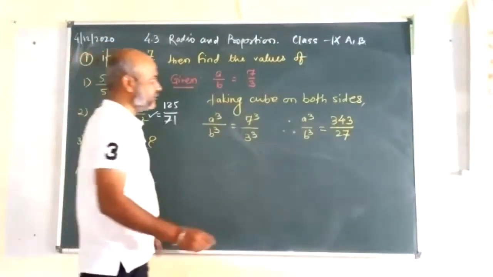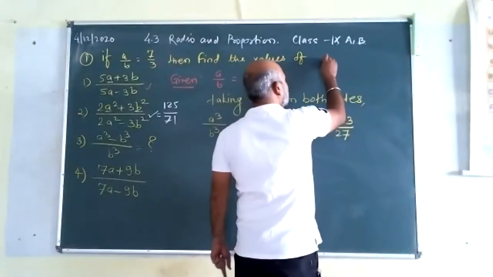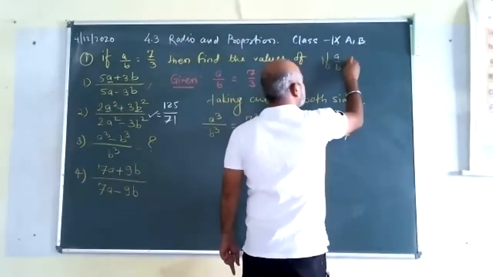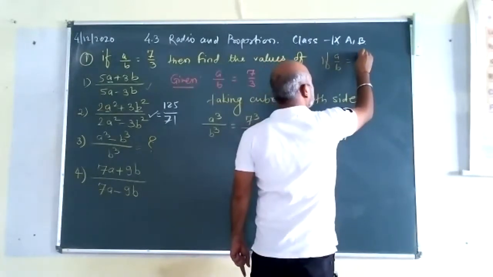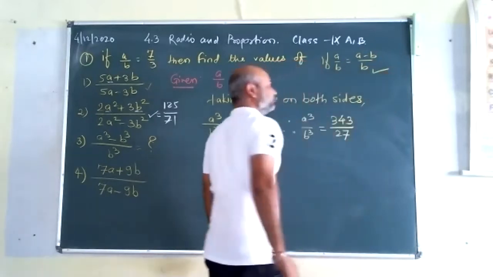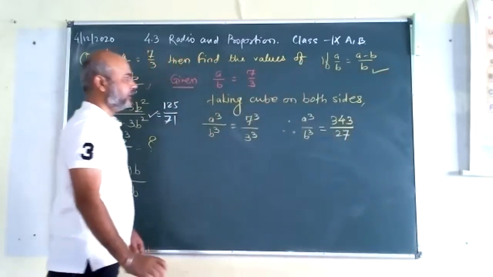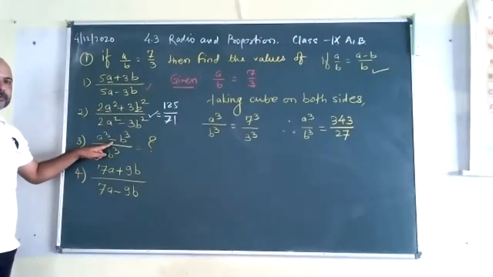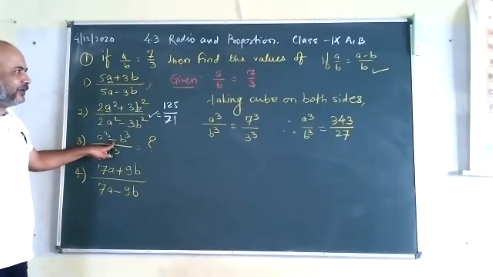And this is which type of property? This is called, if a upon b, then we write, for example, a minus b upon b. This property is called dividendo. So here minus is there, so we are going to use which property? By dividendo.